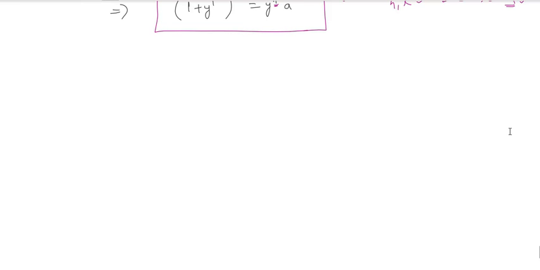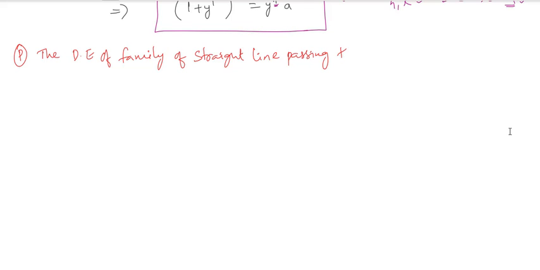So that is how you people have to solve it. So let me try one more problem based upon that. The differential equation of a family of straight lines passing through origin is: option A, y dy plus x dx is equal to 0.